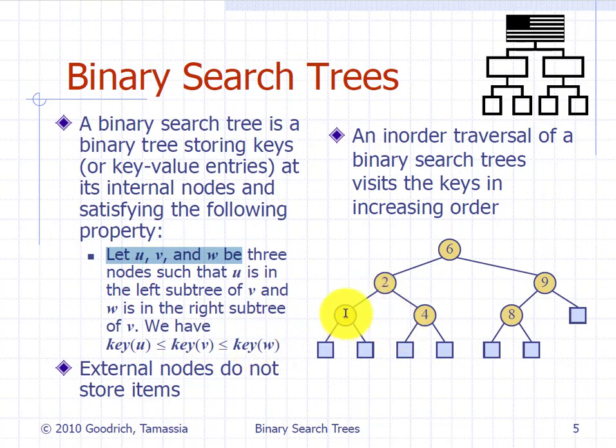It can be these three nodes, or these three nodes, or these three nodes, and so on. We have this restriction: we could remove the equals here if the keys are unique, and you can say key U is less than key V, which is less than key W. So that will be a binary search tree.